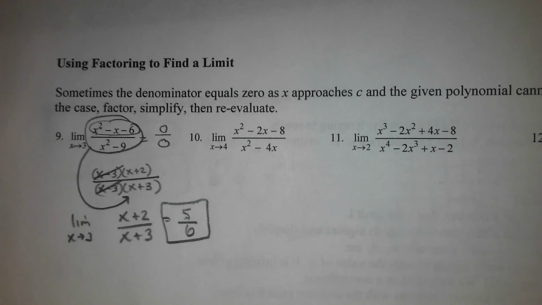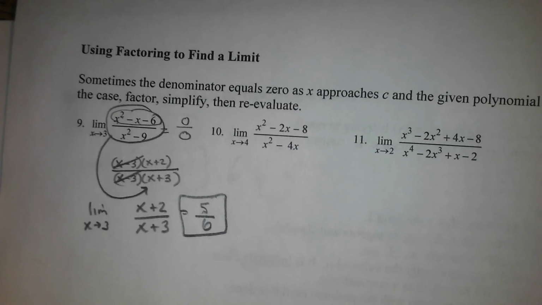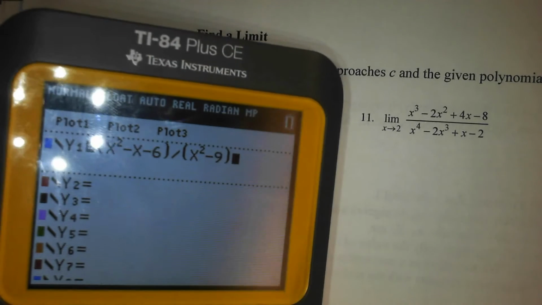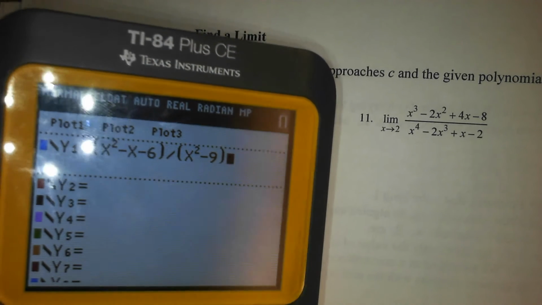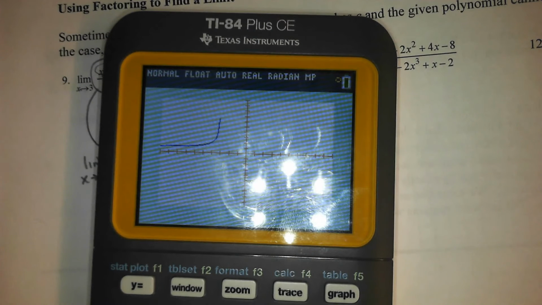If I showed you that original function, and we've talked about this with rational graphs, but I want to reiterate it right now because it's been a while. If I show you that original function, pre-factored and canceled, I get this graph.